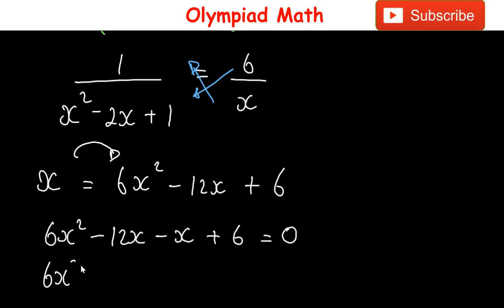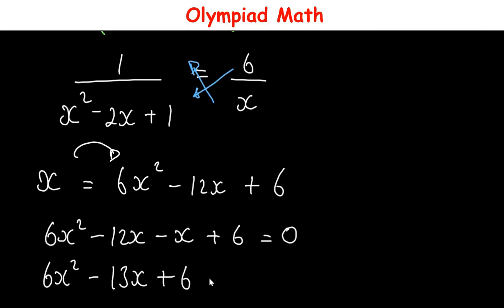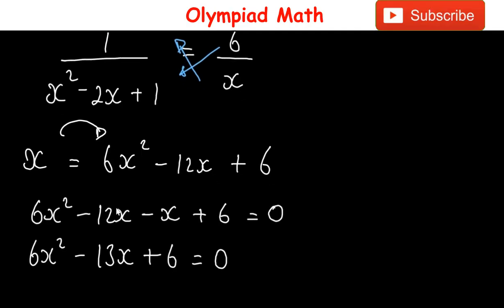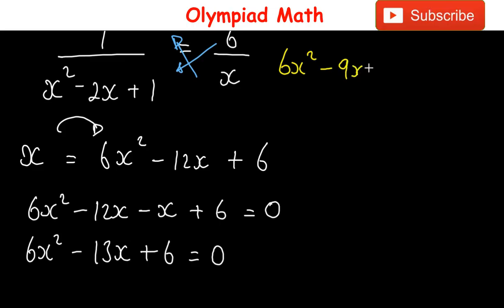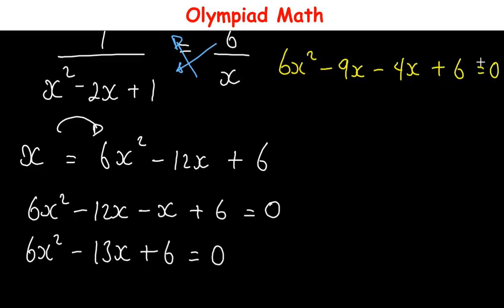So 6x^2 - 13x + 6 equals 0. This equation is factorizable, so it can be written as 6x^2 minus 9x minus 4x plus 6 equals 0.